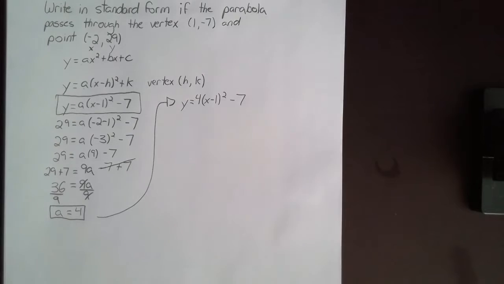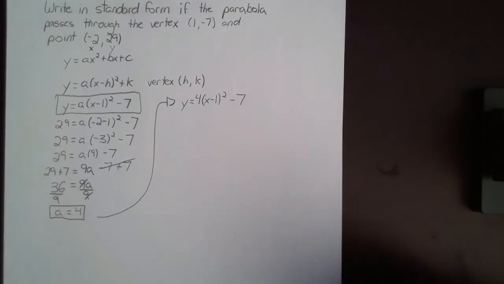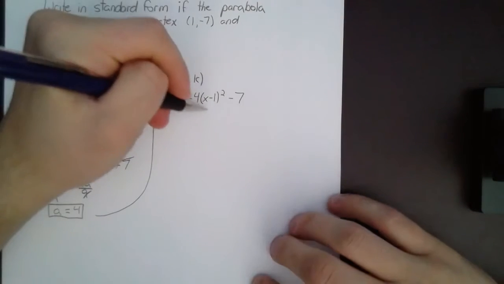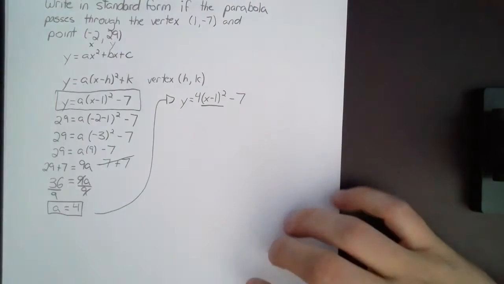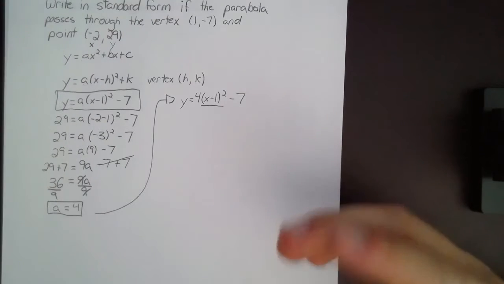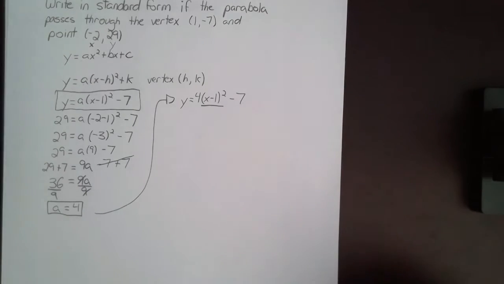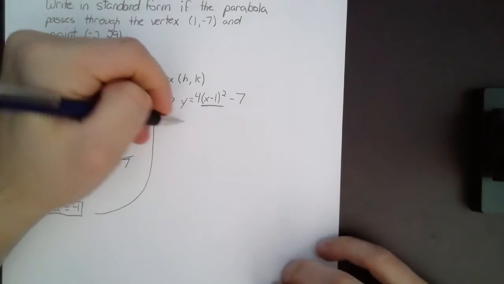So now I have a completed vertex form equation. Well, to get from vertex form to standard form, what I need to do is expand this bracket and then FOIL it and then distribute the 4 throughout the bracket to collect all the terms. But let me show you this firsthand here.